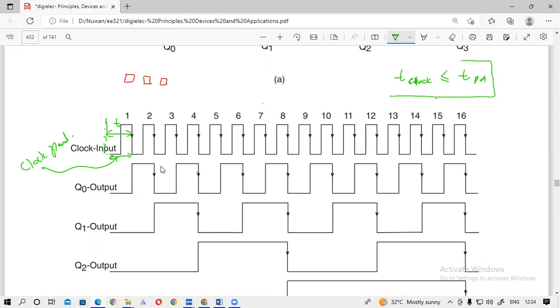Can you understand this, sir? Please take 5 minutes, or 2 minutes, and try to understand this. Is it okay?